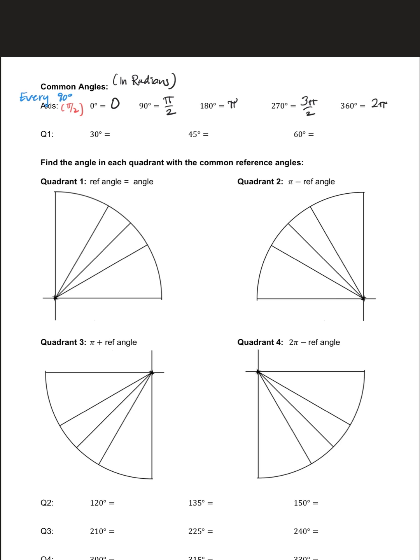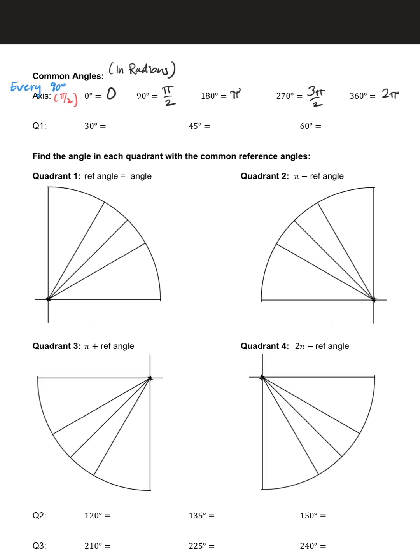Okay, so now, based on what we did, these are our quadrant 1 reference angles. And these are the ones we're going to use. Now we're going to convert these into radians.